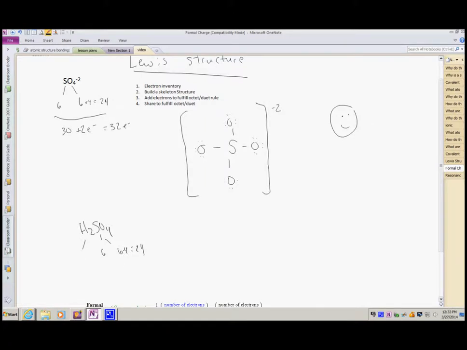Add them all up, we've got 1 times 2. So we're going to get now a whopping 34 electrons. And it looks like this. Sulfur, oxygen, oxygen, oxygen, oxygen, and then 8, 10, 12, 14, 16, 18, 20, 22, 24, 26, 28, 30, 32.